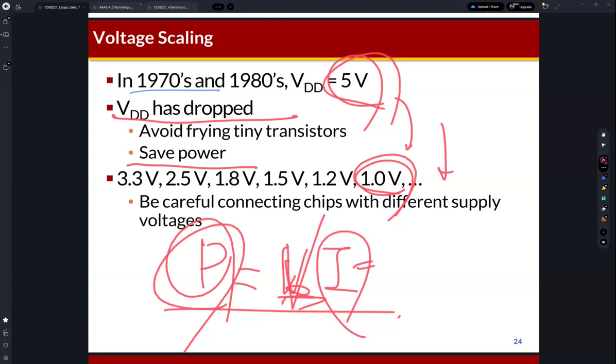Modern CPUs use 1 volt, but if we supply 1.1 or 1.2 volt, then we can increase the clock frequency. So if we increase the supply voltage, we may increase the performance.